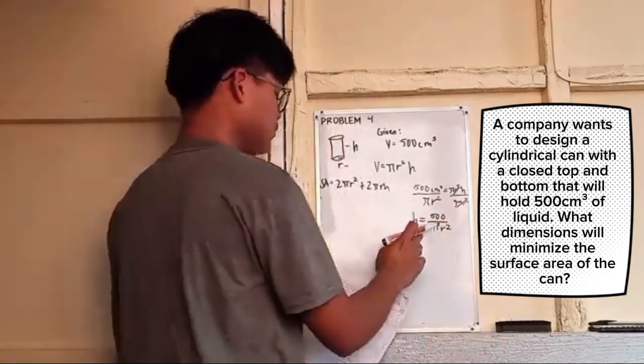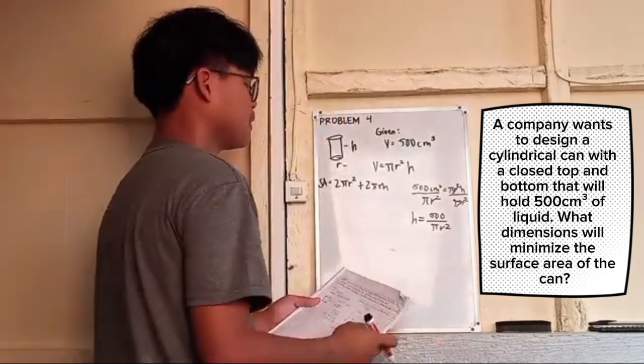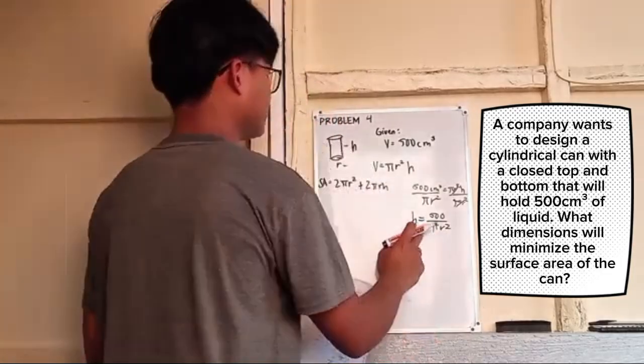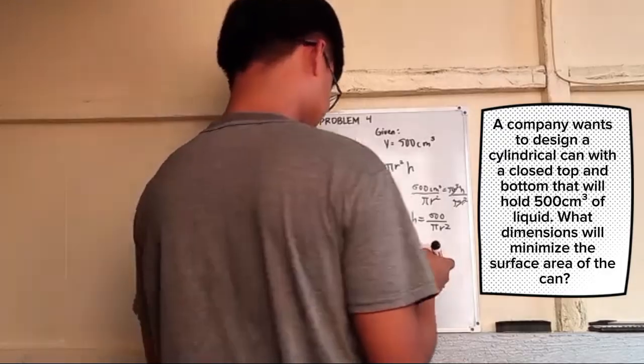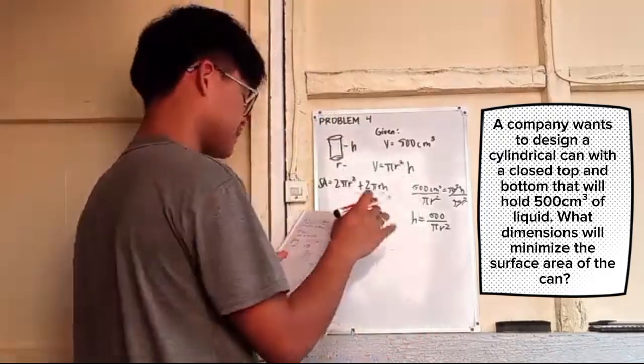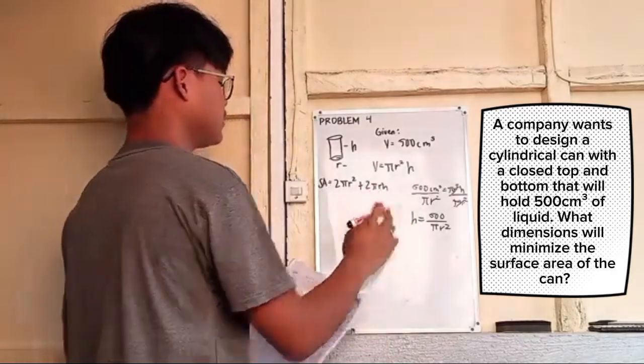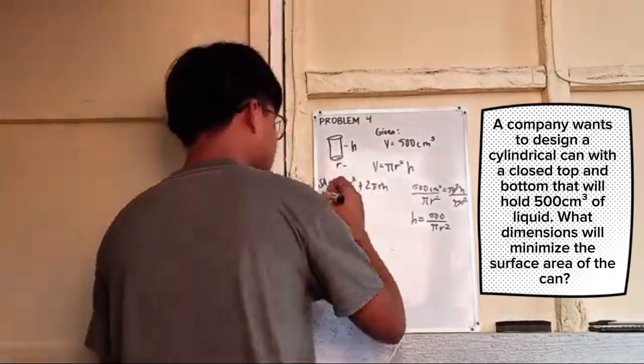So we now have the way to get the height. So next, we'll proceed to the surface area. We will substitute the height in the formula of surface area.